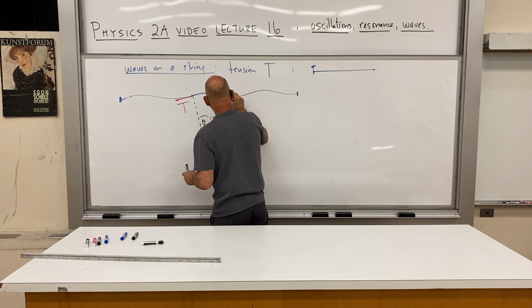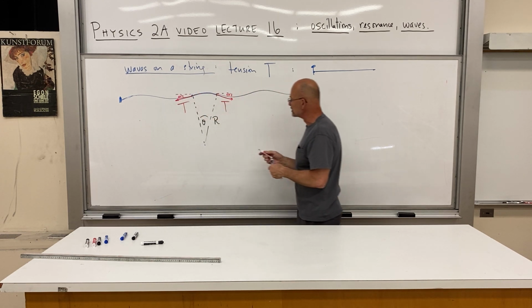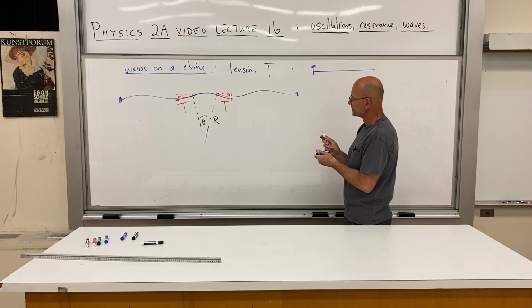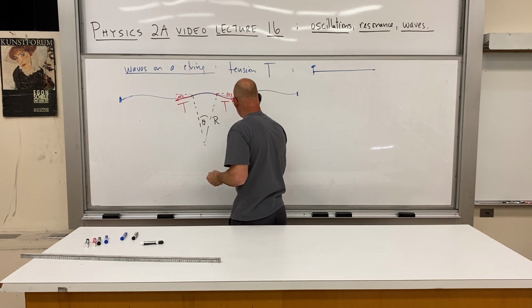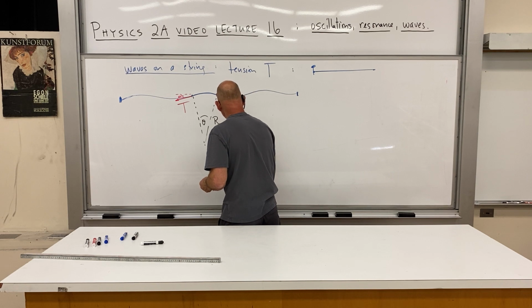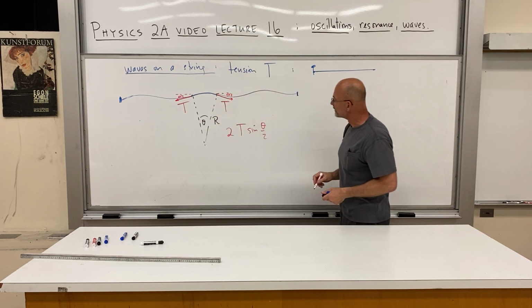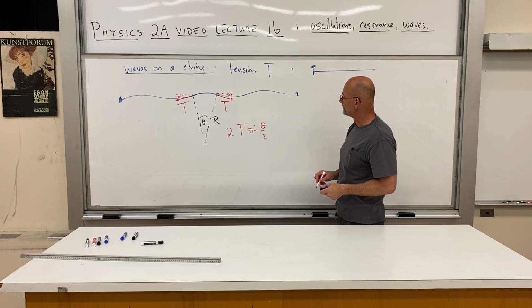We have theta over 2 on both sides, just by the geometry of this. So in the down direction, we have T sine of theta over 2 twice. So that is the force pushing down on this.